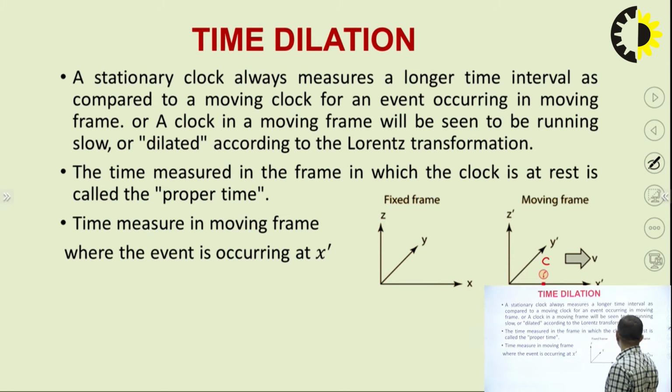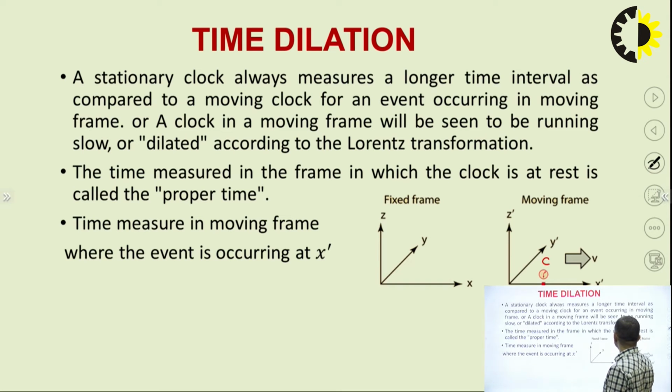That means if an observer is measuring the time interval between the two events of this clock, he will find that the time interval with respect to him will remain the same. That will be the proper time.